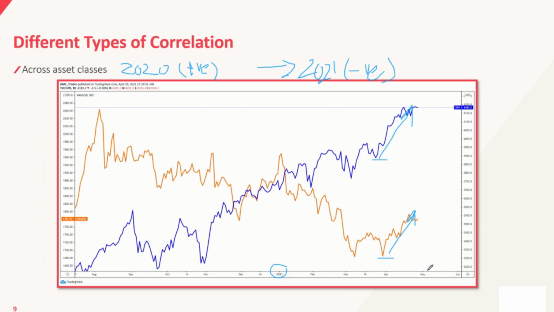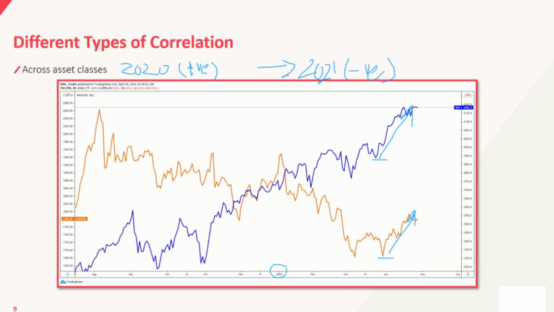And because the US dollar has weakened, it's not very attractive to hold onto US dollars. That is why people start putting their money into a different asset class which can generate higher returns, that is the S&P, the stock markets. So that is why suddenly at the start of April, you start seeing the correlation becoming positively correlated as well.